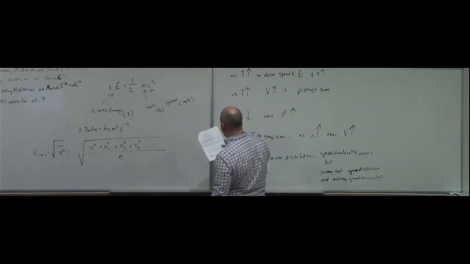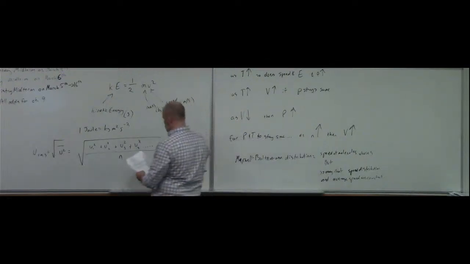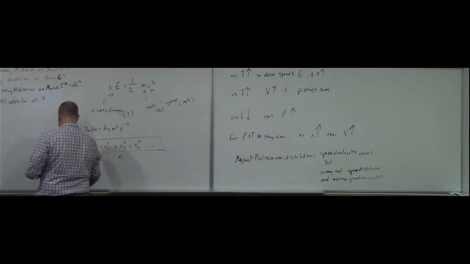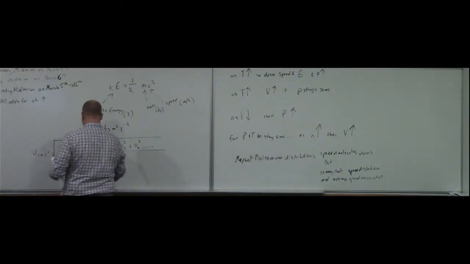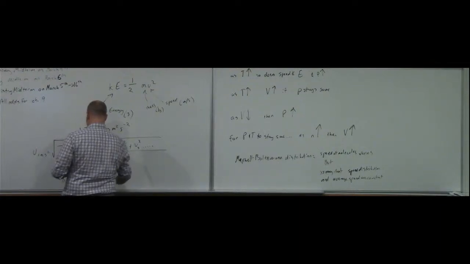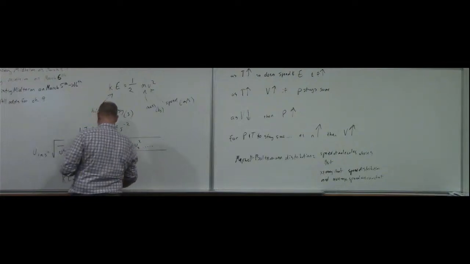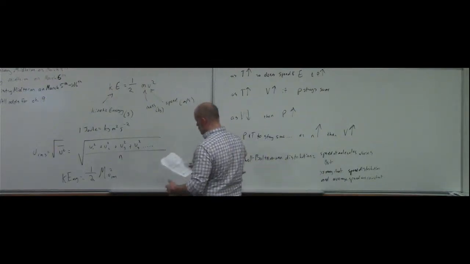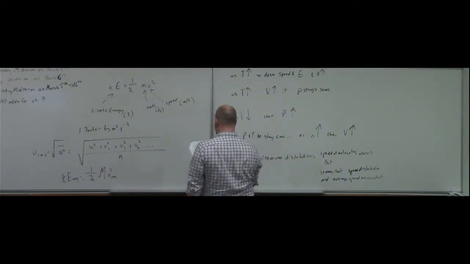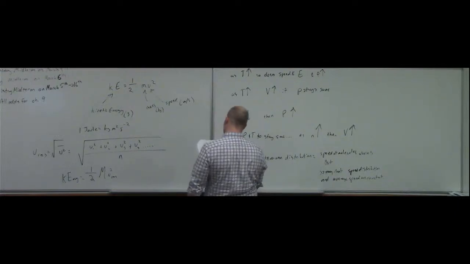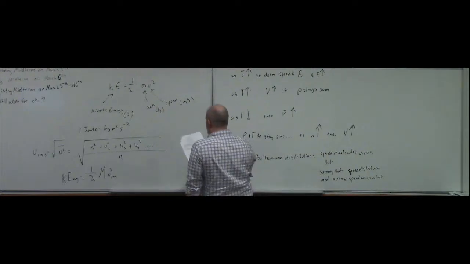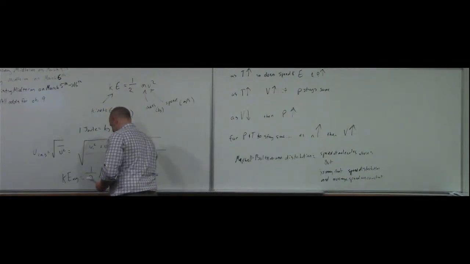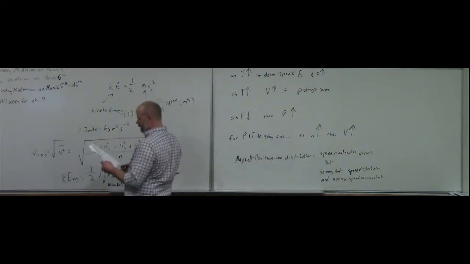The average kinetic energy for a mole of particles is then equal to KE equals 1/2 M times the root mean squared speed squared, where M is the molar mass, expressed in units of kilograms per mole.